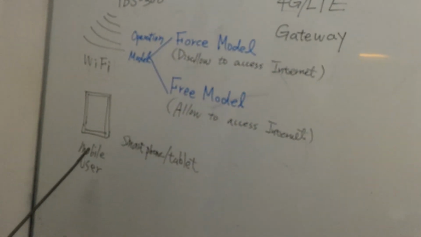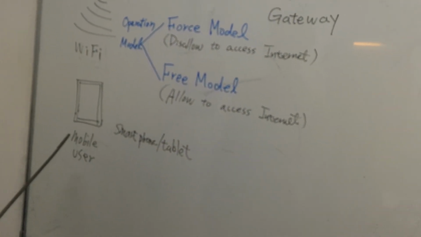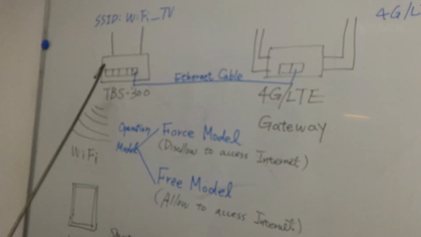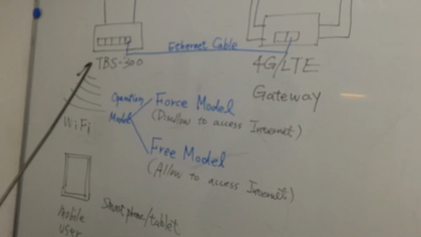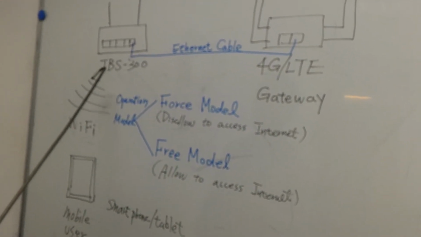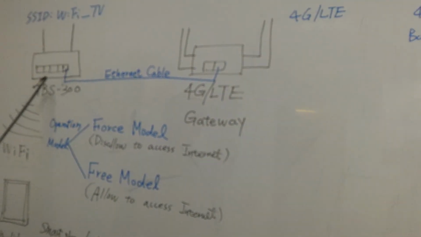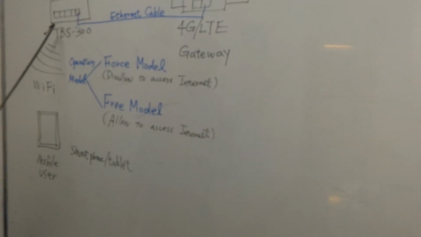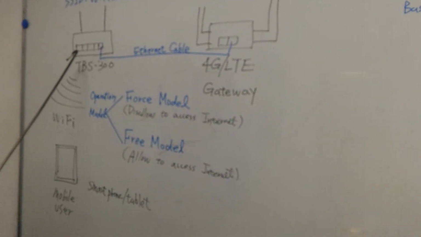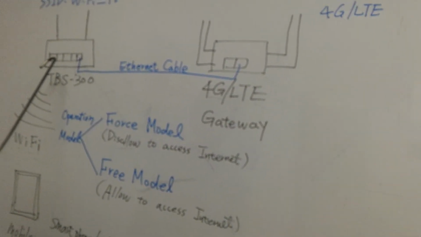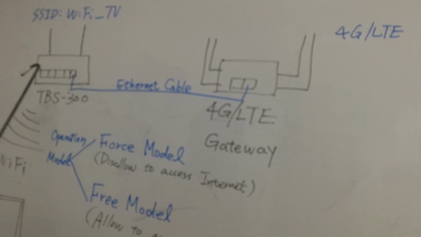And the mobile user uses their smartphone or tablet to connect to the TBS-300. Suppose the TBS-300 is configured to free model, the mobile user will see a free internet icon in the portal page of TBS-300.